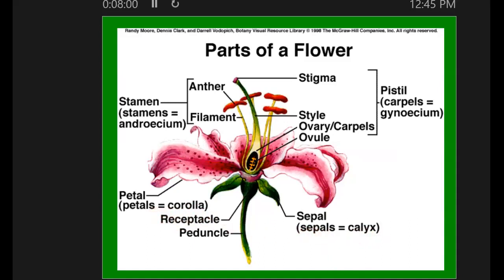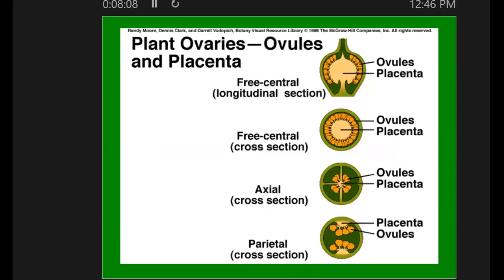Okay. So here the artist looks like they drew 4 ovules on this flower. So just be aware that they use that information for classification of what kind of fruit we have. I'm not asking you to get to that level of depth. I just want you to appreciate that the ovule design inside the ovary can vary quite a bit.